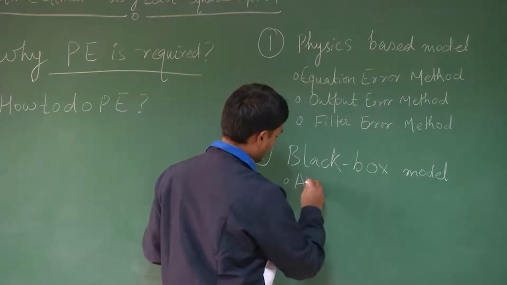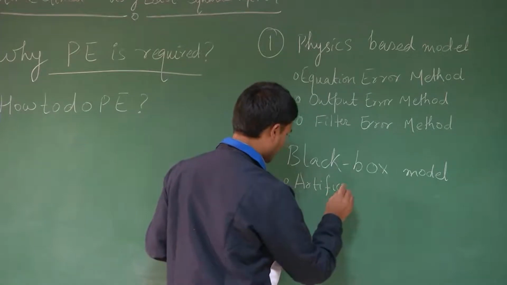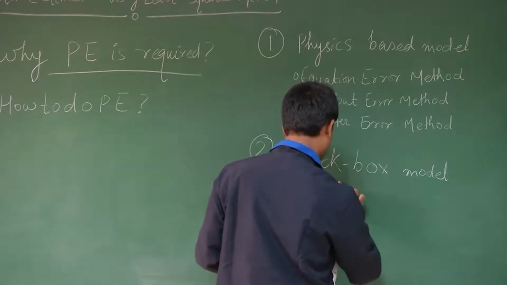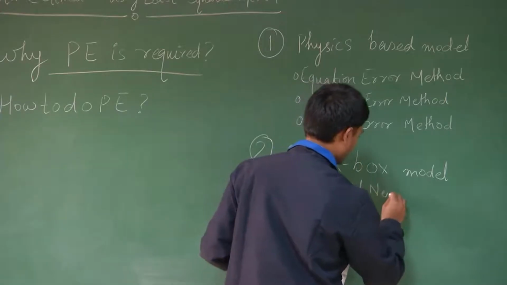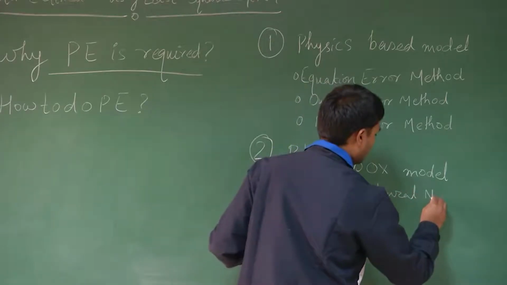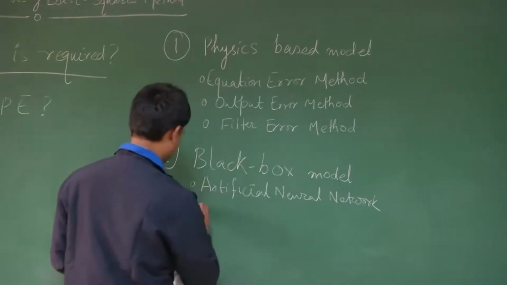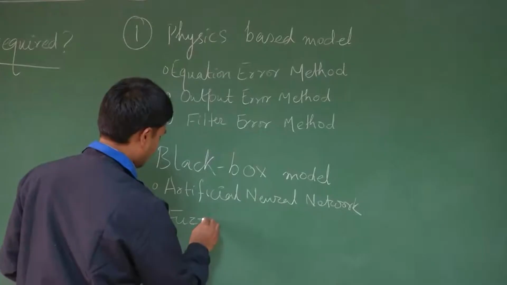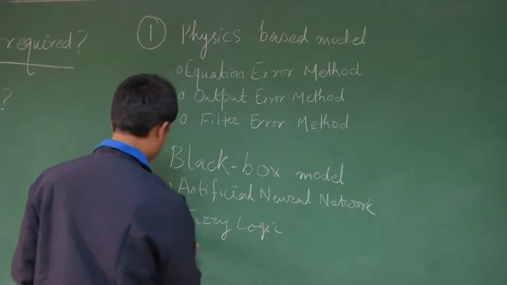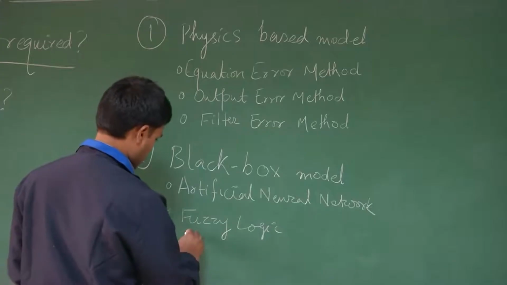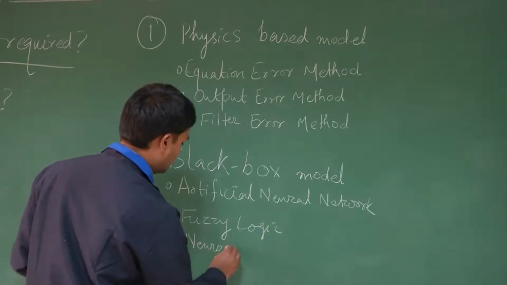So the first method can be artificial neural network based. Second can be fuzzy logic based. Third can be a combination of these two methods, which is called neurofuzzy.